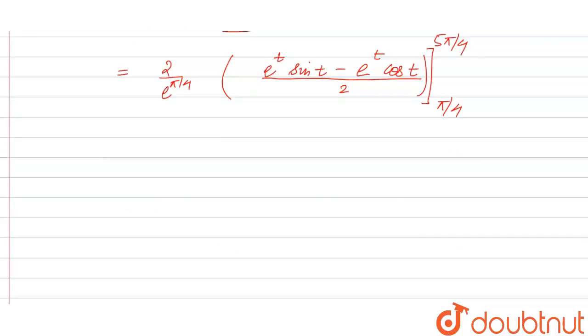So putting upper limit minus lower limit, this 2 and this 2 will cancel out.